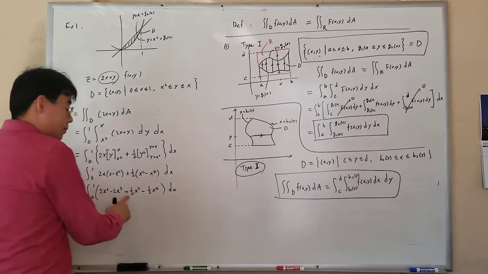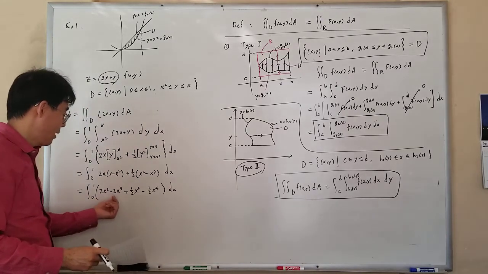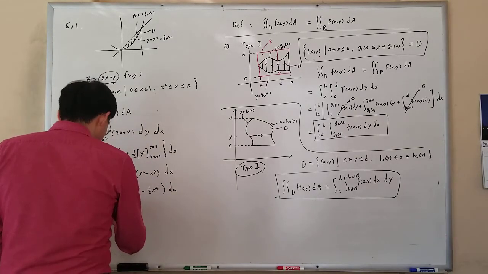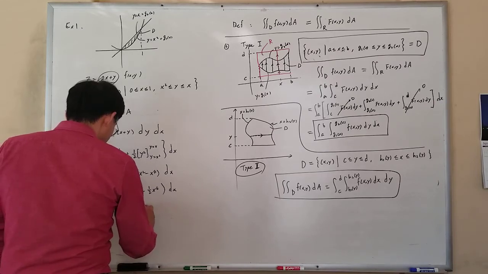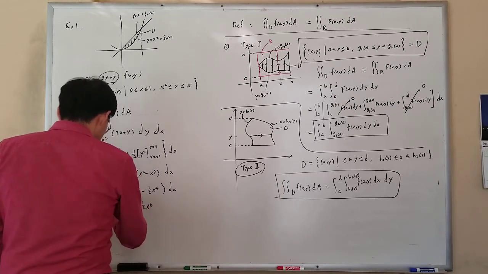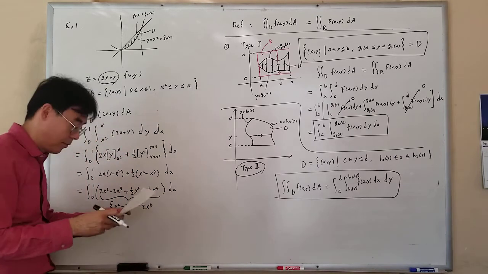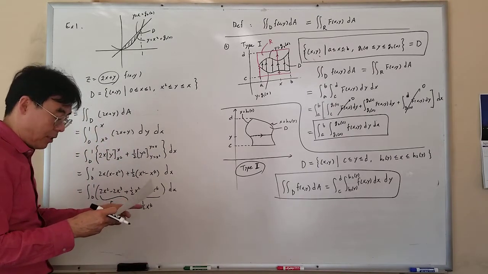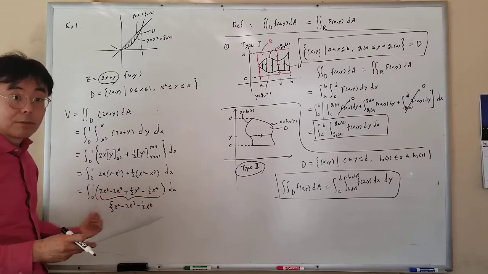So you have 5 over 2 x squared minus 2x cubed. Right? And you just integrate this one with respect to x from 0 to 1.